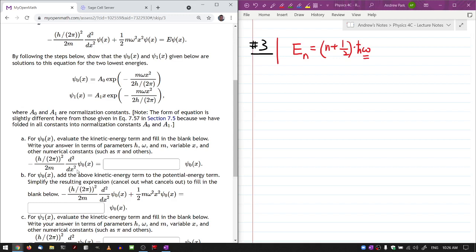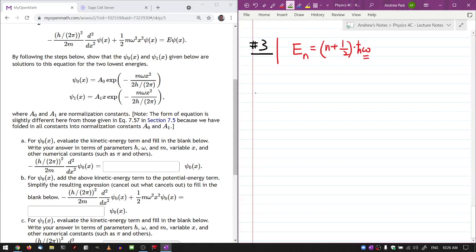So I'm doing this for the ground state. What the question is asking me to calculate, for part A, is minus h bar squared over 2m times the second order derivative of the ground state, a naught times exponential of minus m omega x squared over 2 h bar.